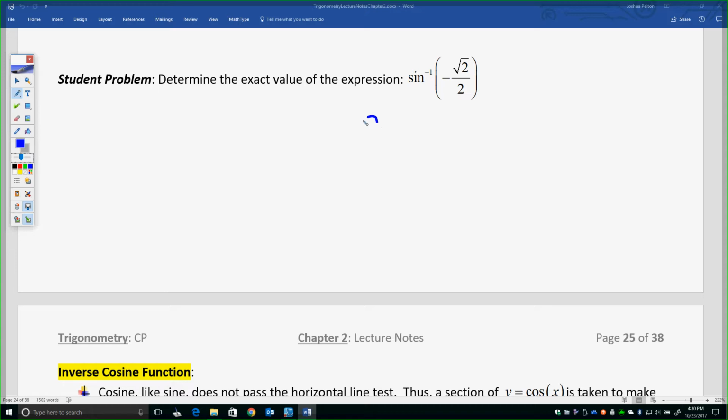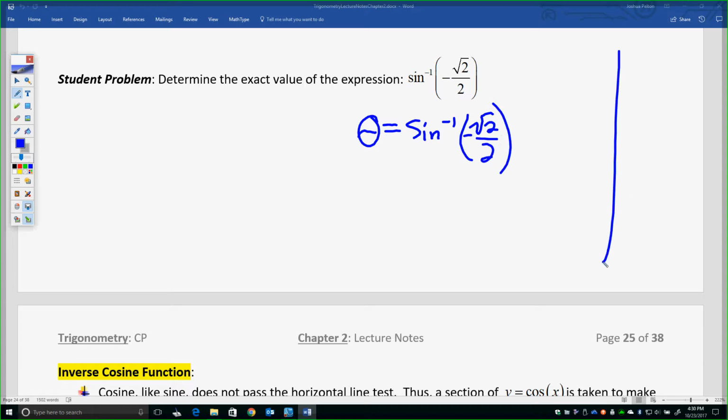Alright, so again, we want to know the angle such that I get a pi over 2 but negative. And I have to be between pi over 2 and negative pi over 2. So I cannot be these two quadrants. I have to be in the first or fourth. Well, in order to be a negative pi over 2, I had to have gone this way.